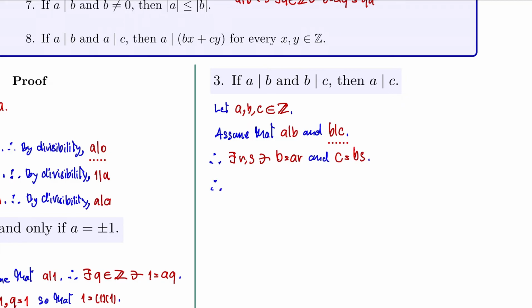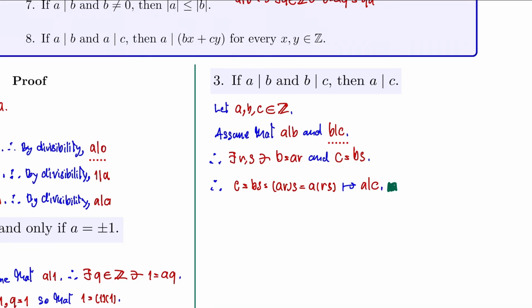As you can see, c equals b s, and b is a r, so a times r, s. So we have a times s r, and s r is an integer. So this implies that a divides c. So we have proved the third property.